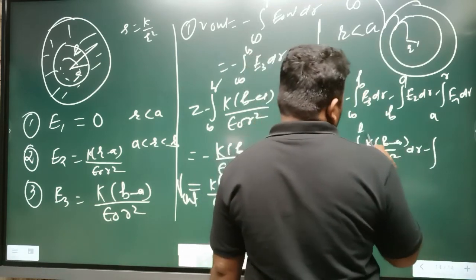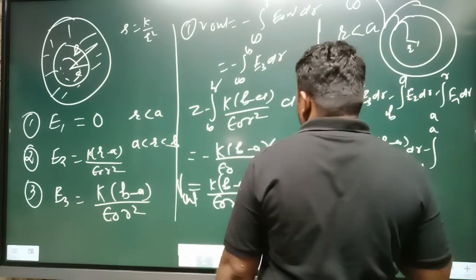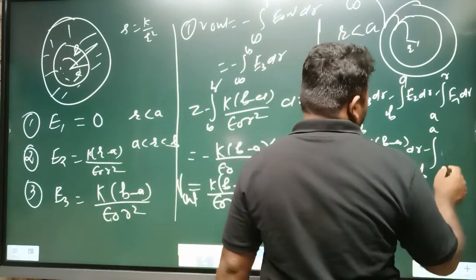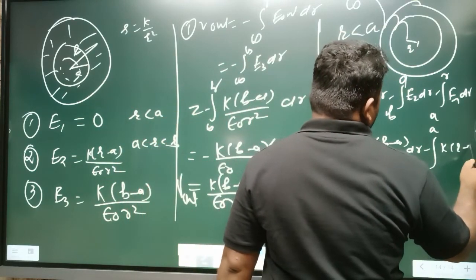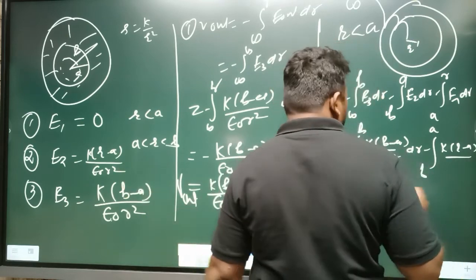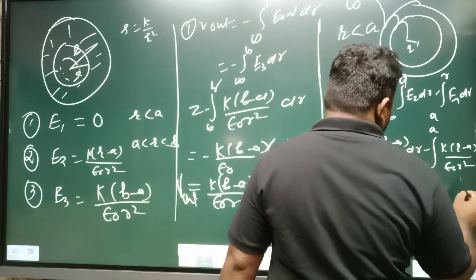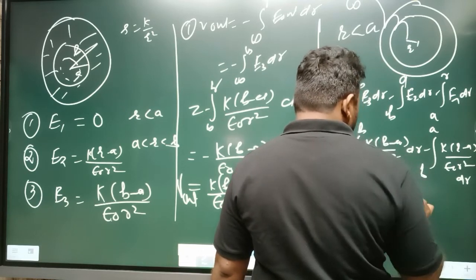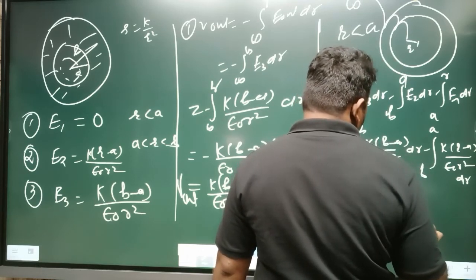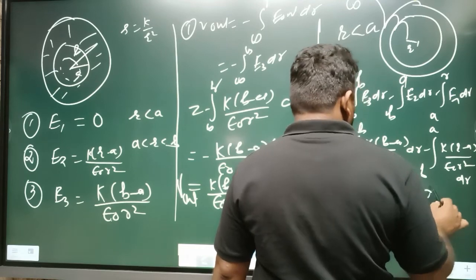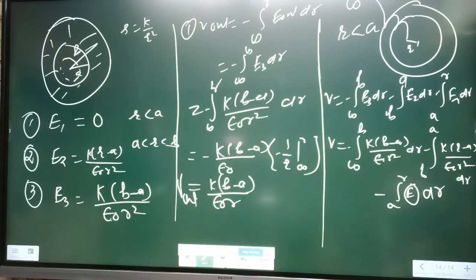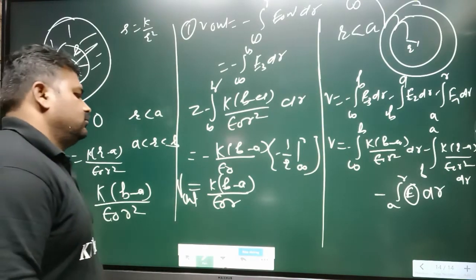Infinity to B. Next, B to A. B to A region electric field means second electric field: K (R minus A) upon epsilon naught R square into dr. Minus A to small r, electric field E1, electric field 0 dr, which is 0. Yes or no? Yes.